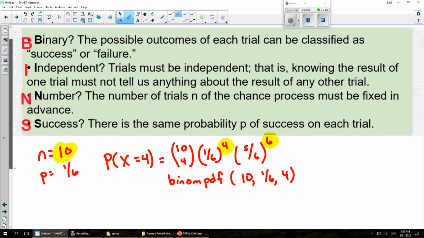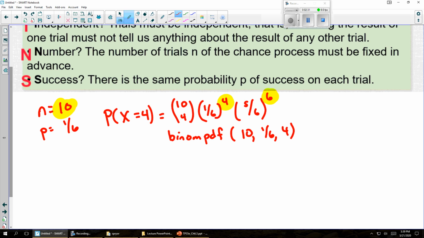Now this is similar to this case. The probability X is less than or equal to 4. And the formula here is going to be what I've written before several times.